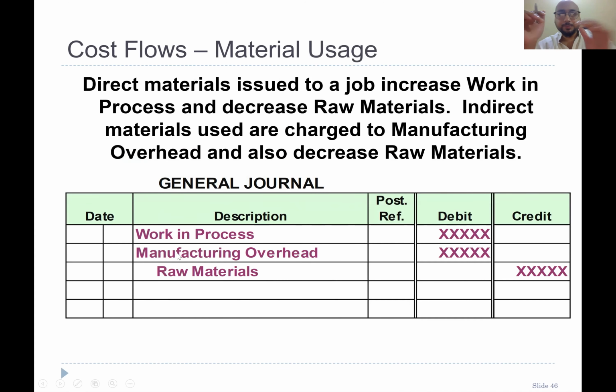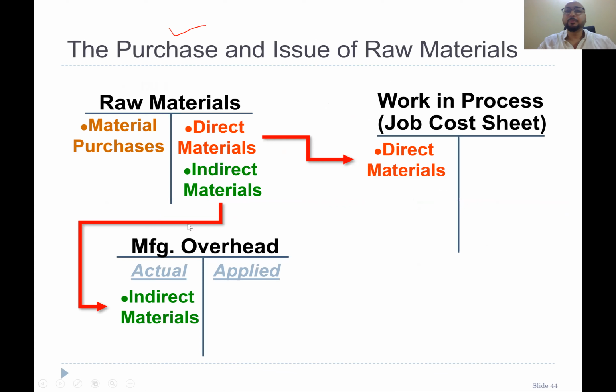Okay, when the material is issued from the raw material warehouse to factory operations, right? Then what happened? Two things are happening over there. So let's talk about the cost flow. Raw material is issued to factory production to convert those goods into finished goods, right?